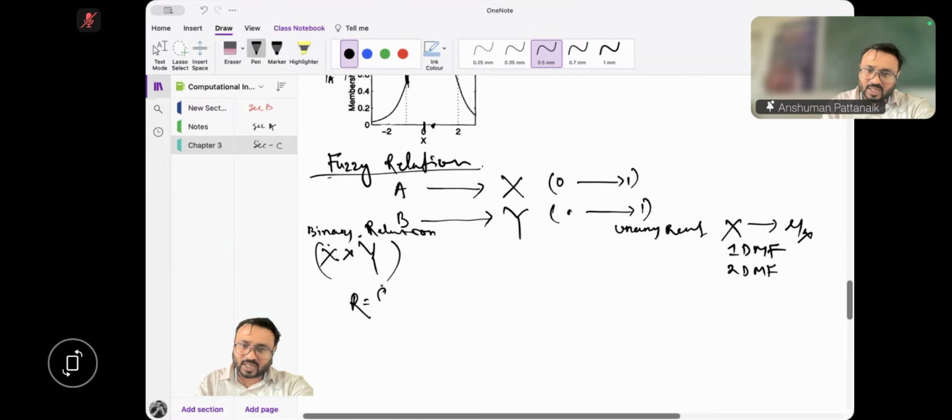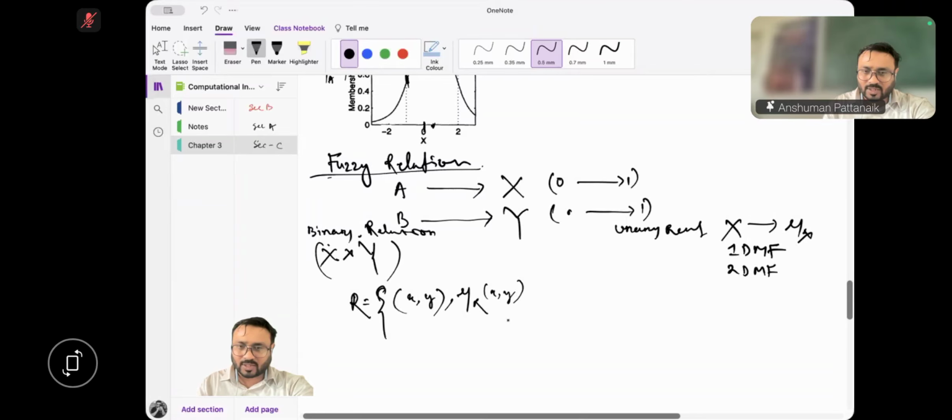Relation R can be defined as a collection of membership functions of xy values. x and y are the parameters and the membership value of this will be calculated as R of x comma y. Whatever the membership value of both will be, there will be some calculation in it.